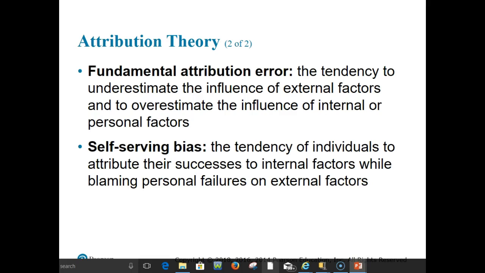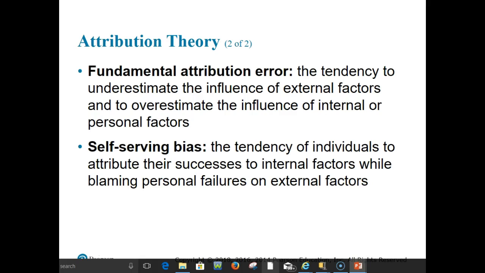Now, this tendency is called the fundamental attribution error, which can explain why a sales manager may attribute the poor performance of his or her sales representative to laziness rather than the innovative product line introduced by a competitor. And this tendency is called a self-serving bias and suggests that feedback provided to employees in performance reviews will be distorted by them depending on whether it is positive or negative.